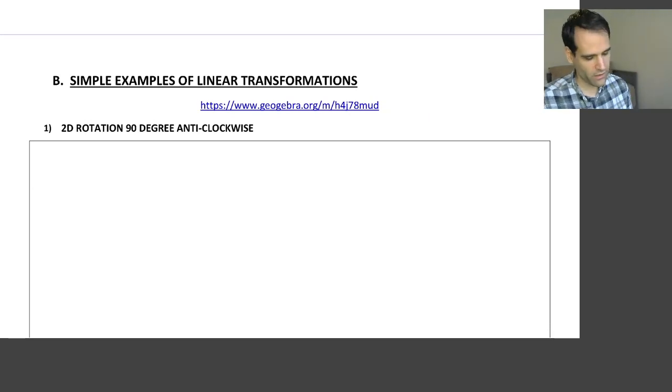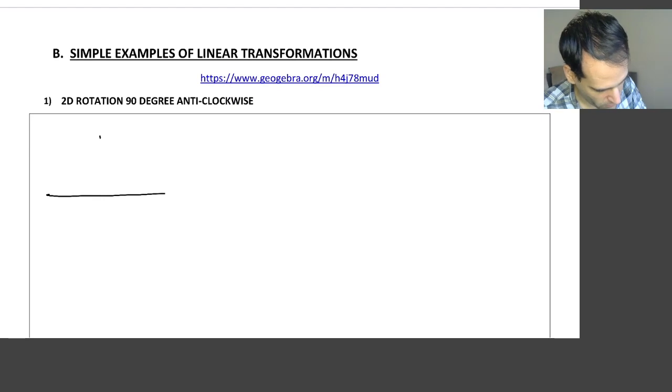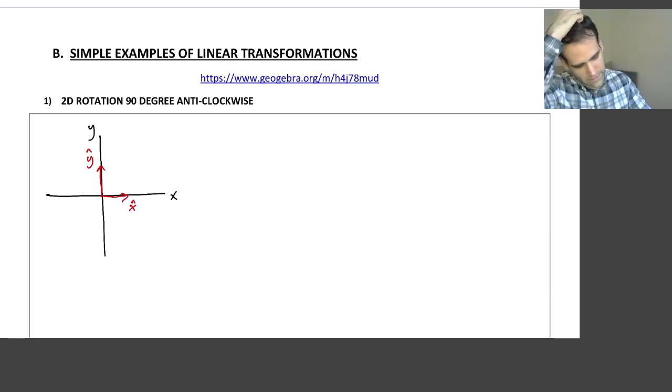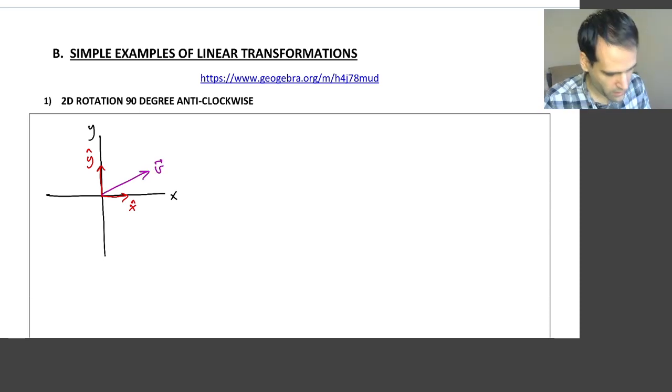Okay? So what does this mean? We have our 2-dimensional space with the x and y axis. So we have our x hat and our y hat. And then we want this transformation which rotates any vector 90 degrees anti-clockwise. So if we have, for example, this vector here, then we rotate it 90 degrees anti-clockwise.